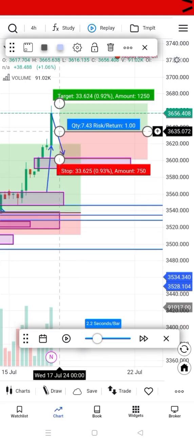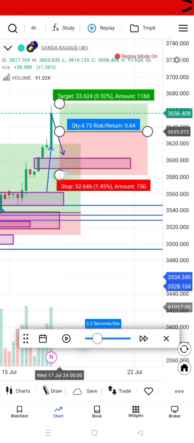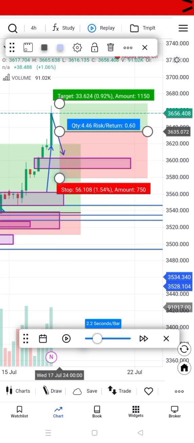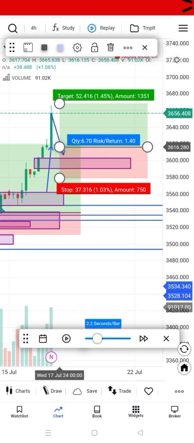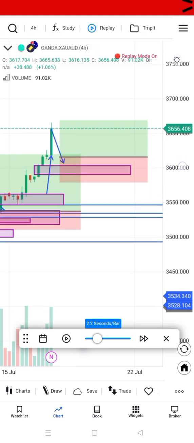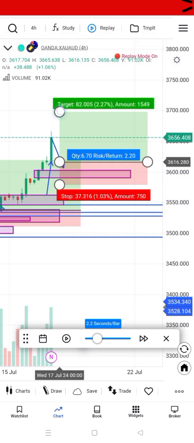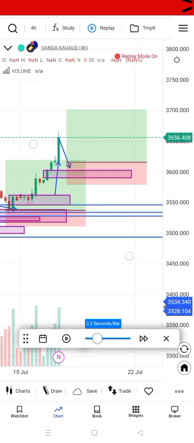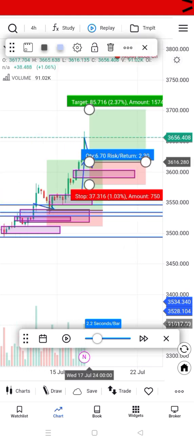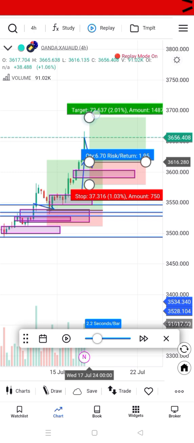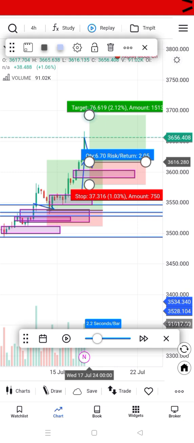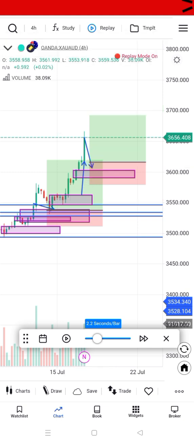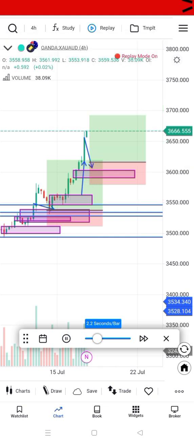It must fill this fair value gap. That inefficiency, we call it an inefficiency. That fair value gap must be filled by this market. So despite it not being that big, the probability is that the market will come back, reach that zone, and fill that fair value gap.